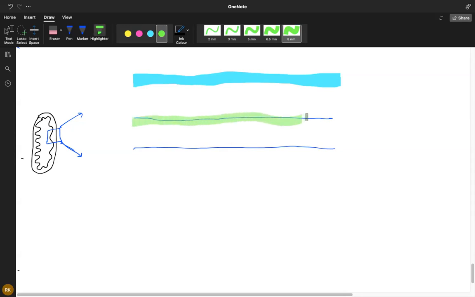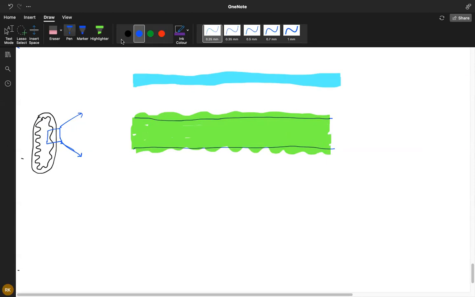If you want, let's make it with a few foldings, not very straight. I have taken a very small part which is straightened.